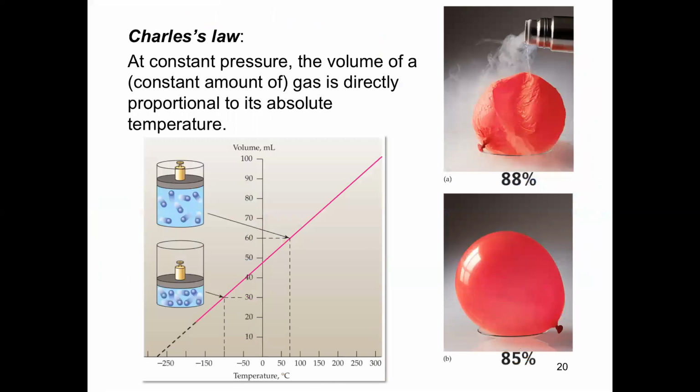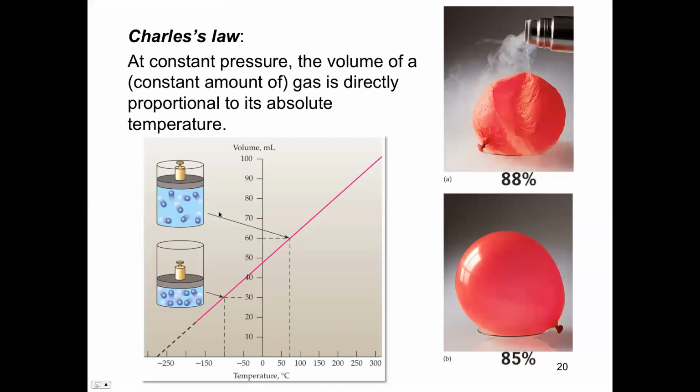As it warms up, remember, these particles are going to be hitting the sides of the container even more because you've given them energy by applying heat, and the pressure is going to go up as that happens. So in this case, it's called directly proportional. That's Charles' law.